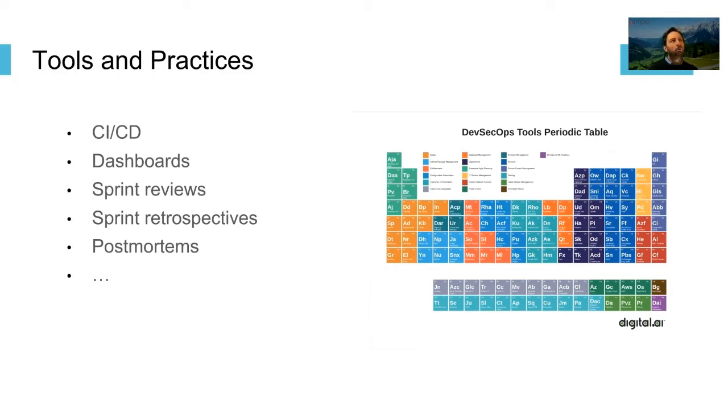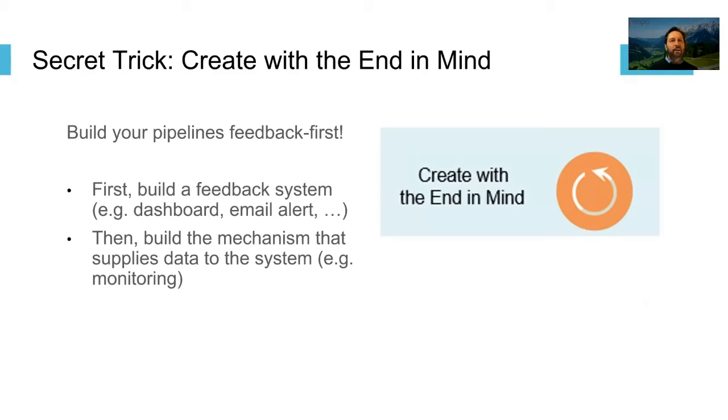How do you most successfully actually apply them? How do you make sure that you are, in fact, using them in the most powerful way? I've got a secret trick for you. And the secret trick actually is quite related to one of the DASA DevOps principles, namely creating with the end in mind.